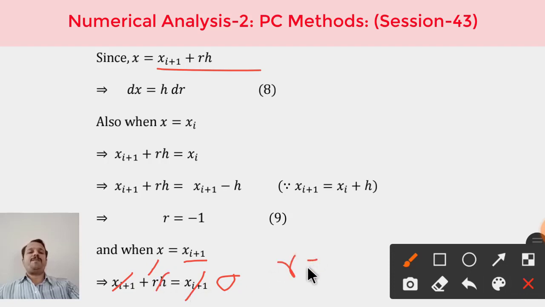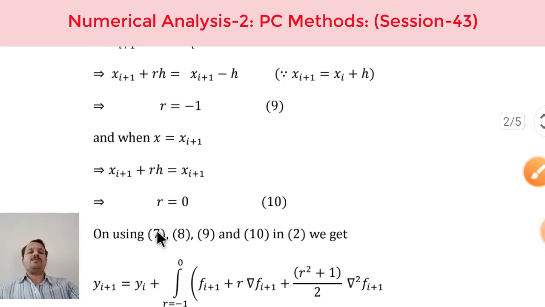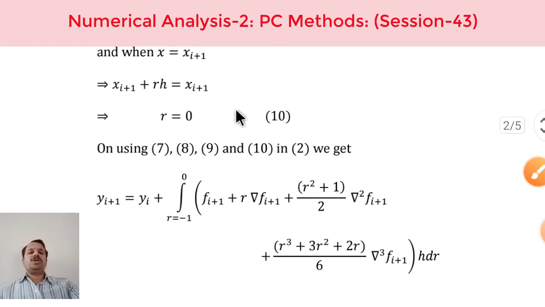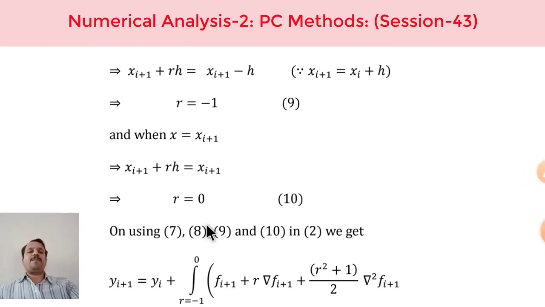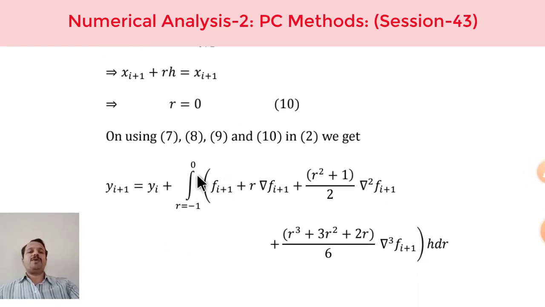So the upper limit is going to be r equal to 0. That's what you can observe over here, r equal to 0. So I am having lower limit minus 1, upper limit 0. I can substitute them over here and I can replace this integrand with this interpolating polynomial in equation number 2. I have done everything in equation number 2 because there we are stuck.